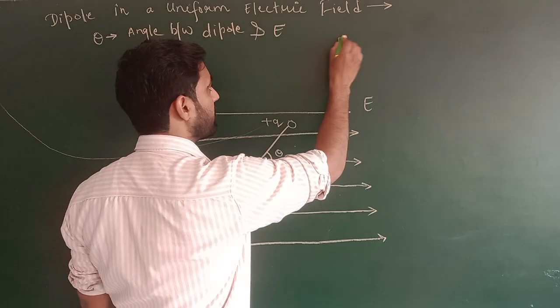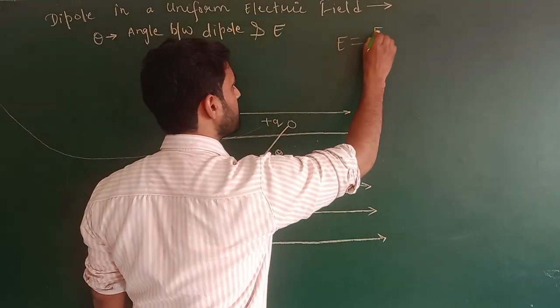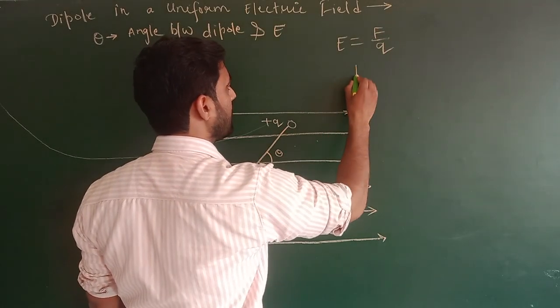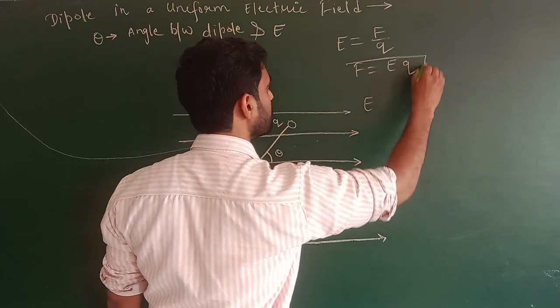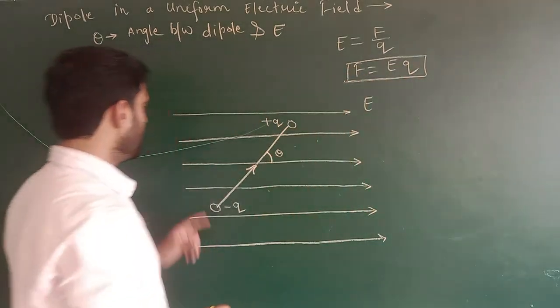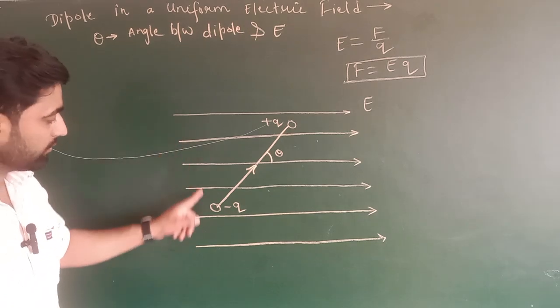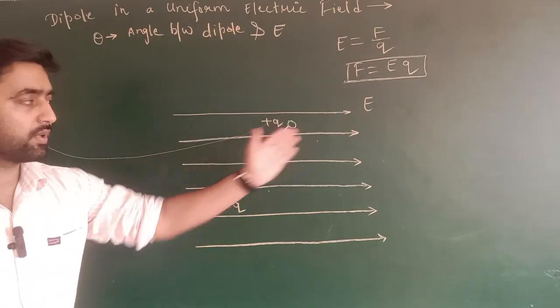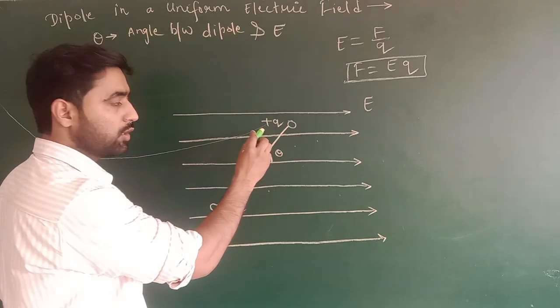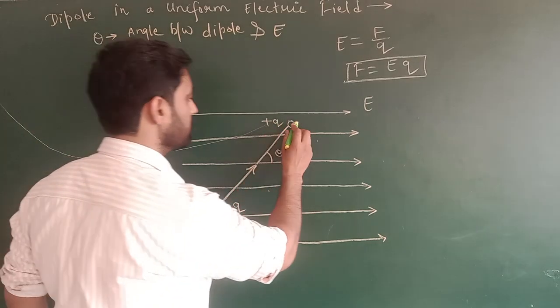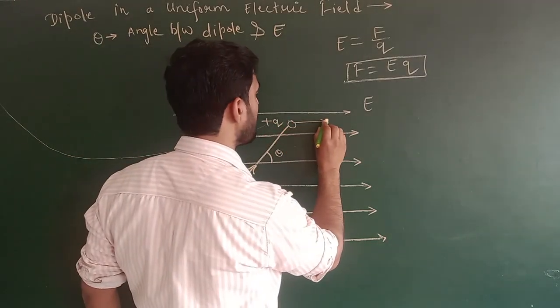From the formula of electric field E equals F by q, we can calculate F equals E into q. As these electric field lines are in the rightward direction, on the plus q charge there will be an electrostatic force that will be outward also.